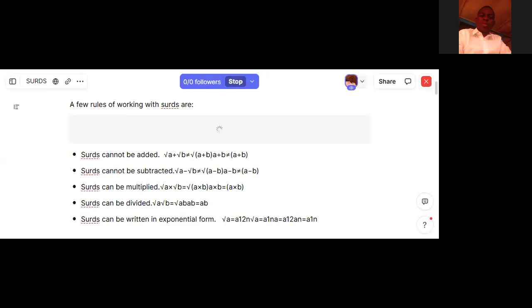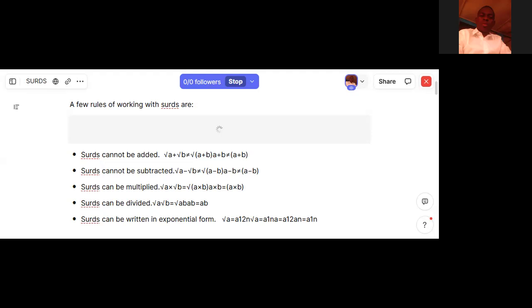Similarly, for subtraction, root A minus root B cannot be subtracted. But you can add like surds, root A plus root A, to give 2 root A. You can also subtract like surds and simplify them further.